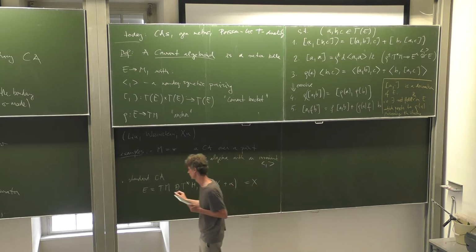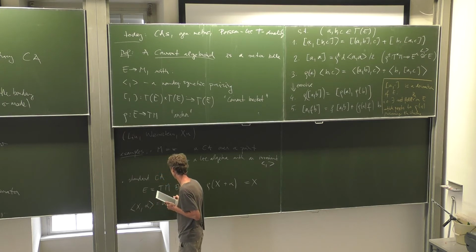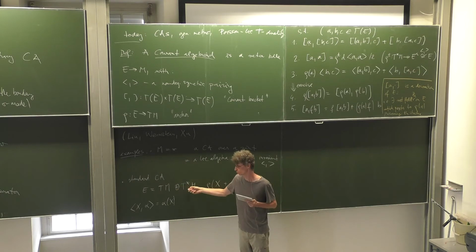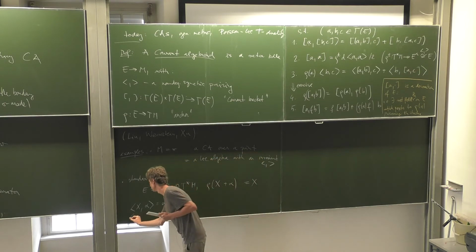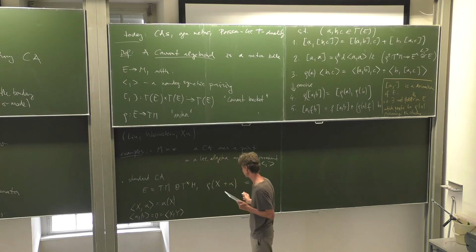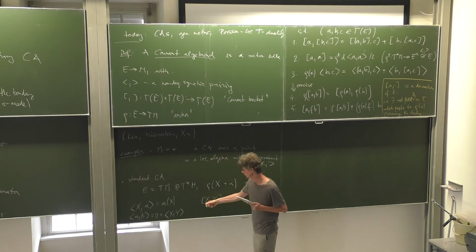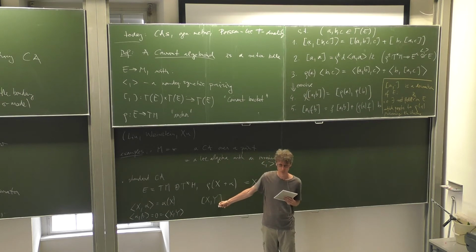Now the pairing is that if we take a vector field and a one form, then this is alpha of X. But if we take two vector fields or two one forms, we get 0. So the pairing of alpha and beta is 0, and of X and Y is 0. This doesn't yet specify the structure completely, but if we take the Courant bracket of two vector fields, what can it be?